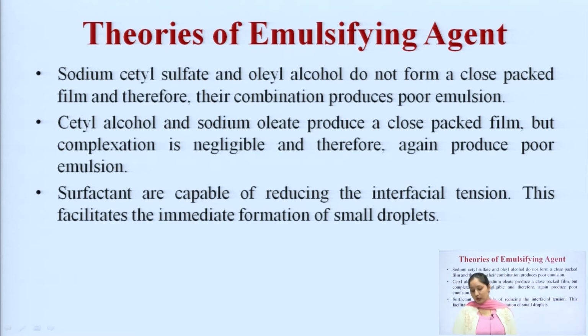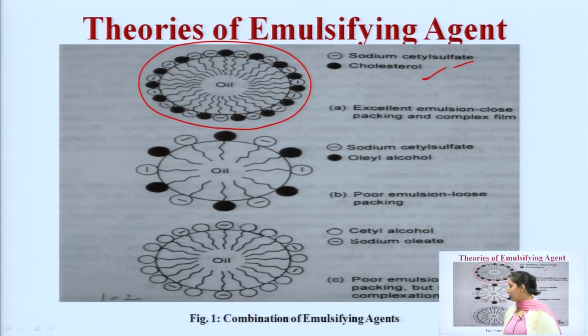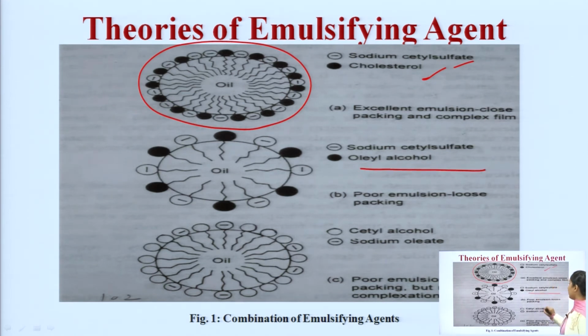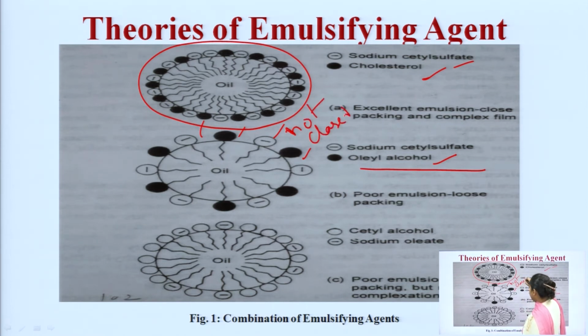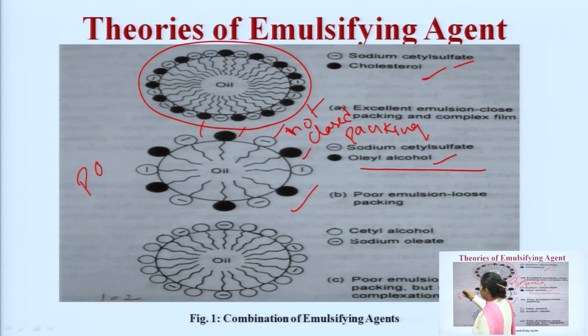So, if we look into this diagram, the first one is sodium cetyl sulfate and allyl alcohol. They are compatible, but they do not form a closed packing in this case. Hence, a poor quality emulsion will form.